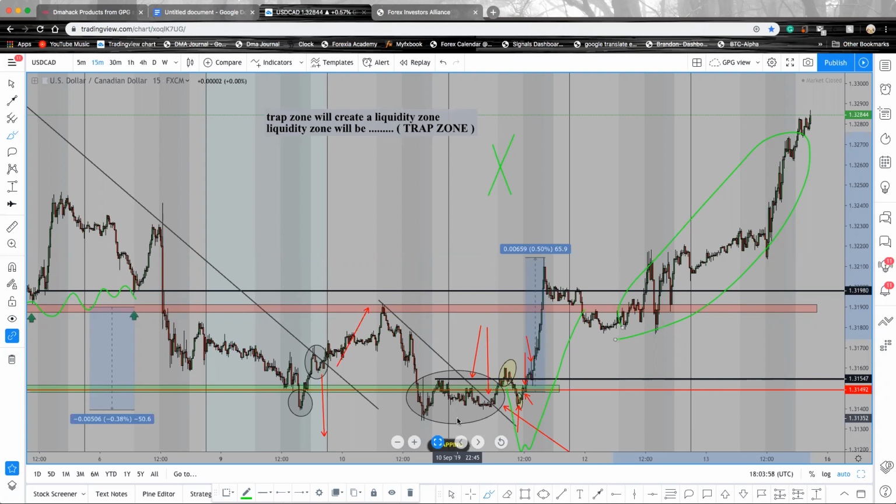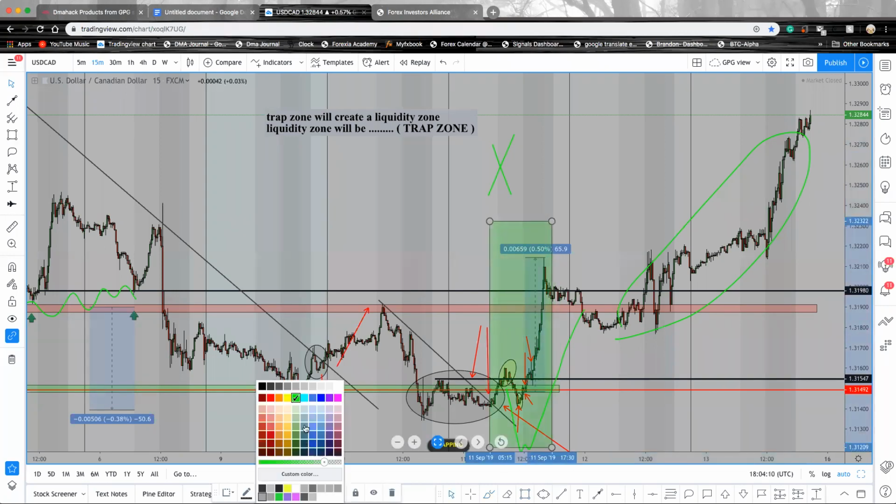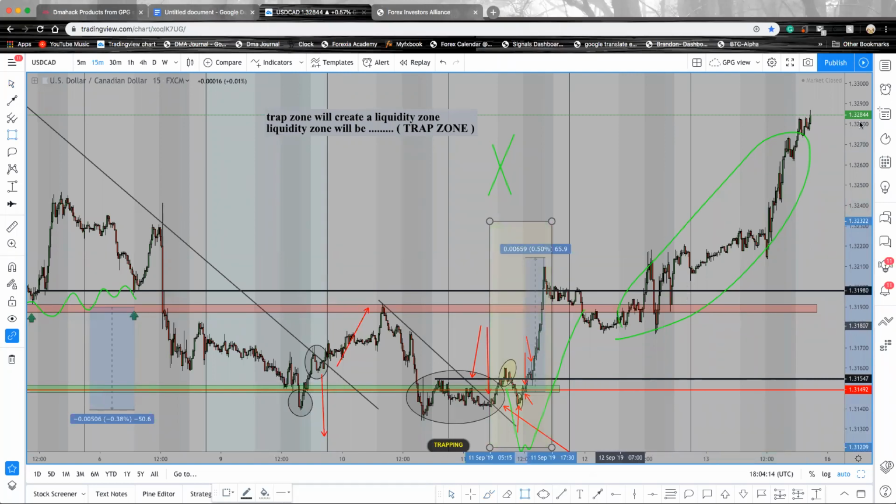So when I'm trying to catch a reversal, I want to see a lot of traps. When I don't see those traps, I'm going to miss this, and I have absolutely no problem missing it. Why? Because I got this. I got even more, it's a little longer.